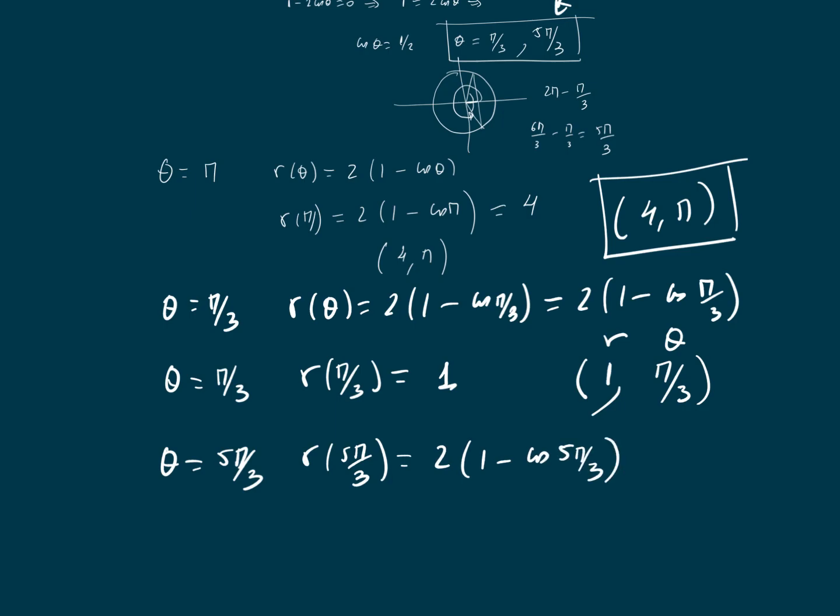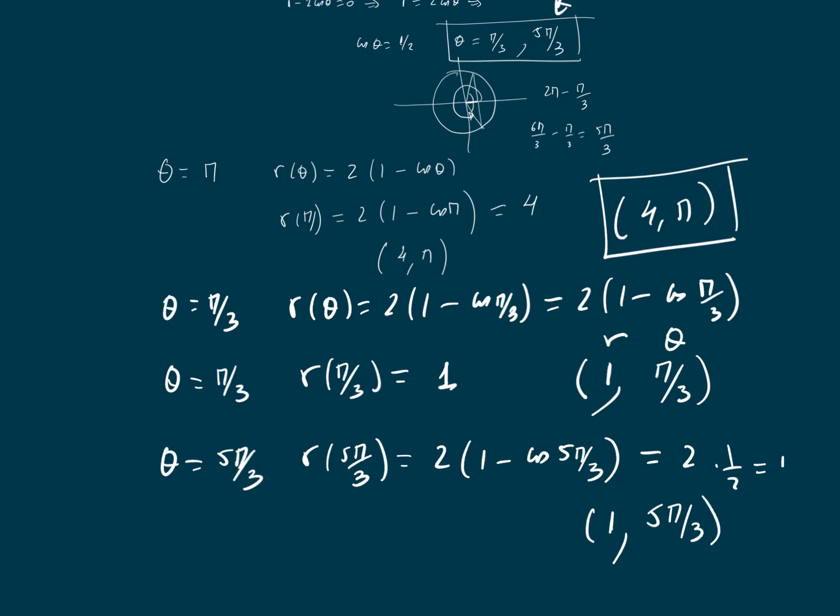Cosine of 5 pi divided by 3 is 1/2, and 1 minus 1/2 is 1/2, times 2 is 1. So the point is r equals 1 comma 5 pi divided by 3.